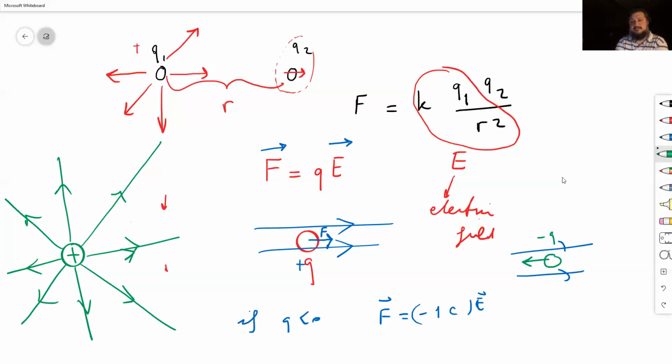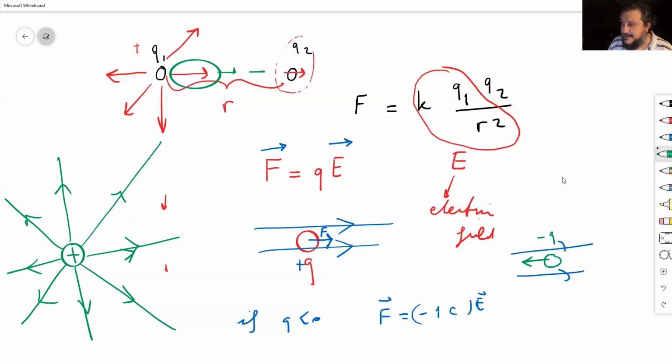Instead of putting an arrow here, another arrow, and the arrows get smaller and smaller because it's 1 over r squared, I just draw a straight line. But I know that if I move along that straight line, the strength of the field will go down, because I'm moving away from the charge.